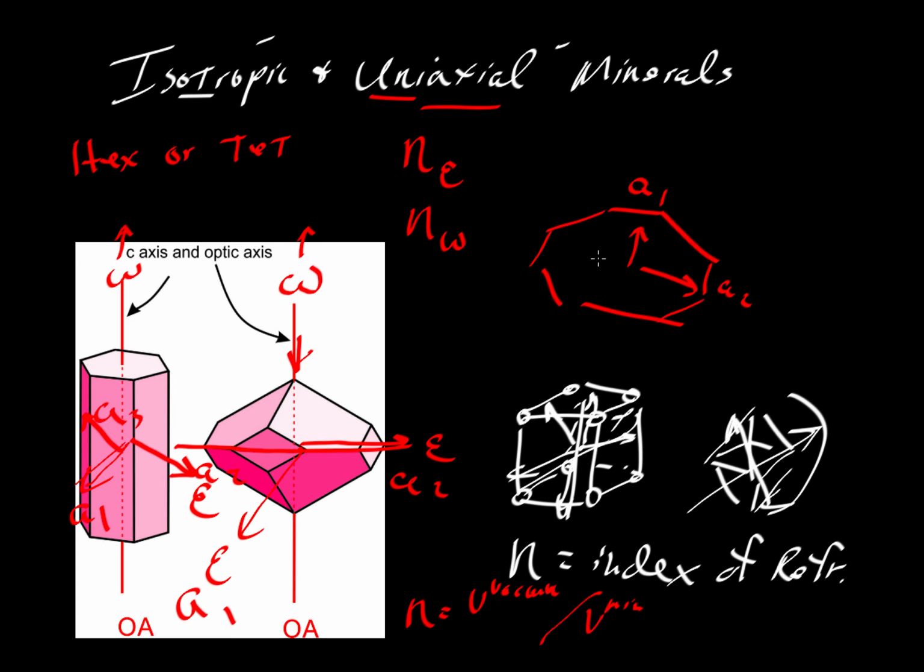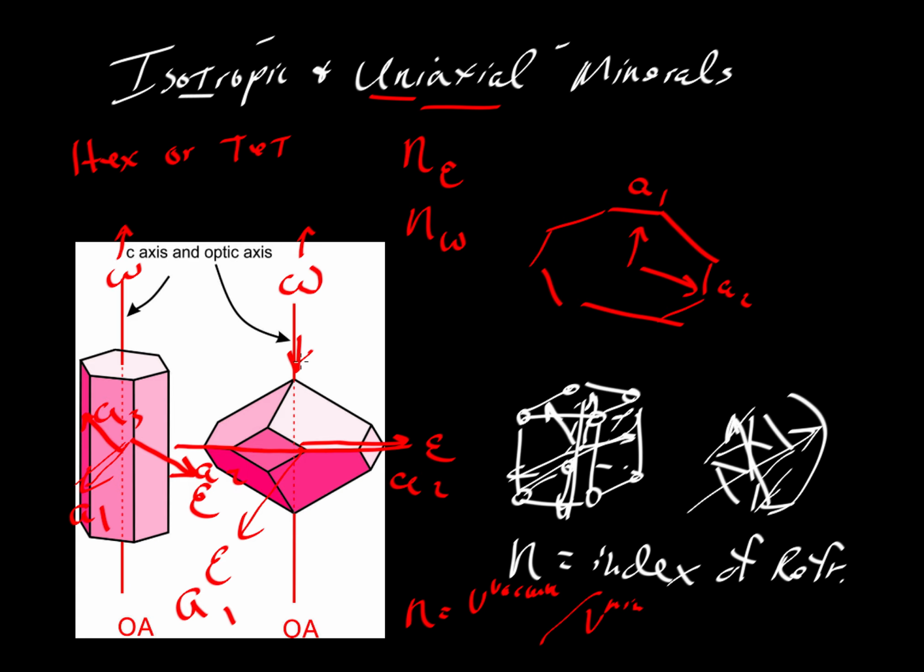And since all the light vibrates in the same velocity in both those directions, it is a special case where you're looking down C where the mineral looks isotropic, where everything you see looks like it's traveling in the same velocity.